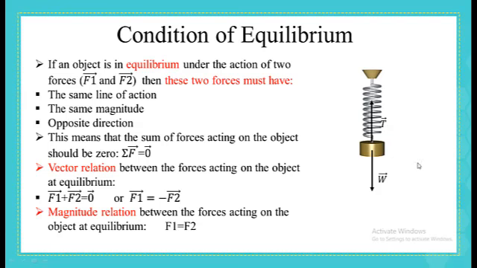And the magnitude relation, just cancel the vectors, weight is equal to tension. So you have to memorize the condition because sometimes we ask about it, just give the condition of equilibrium, and sometimes we will make use of the relations that can be written in a state of equilibrium.